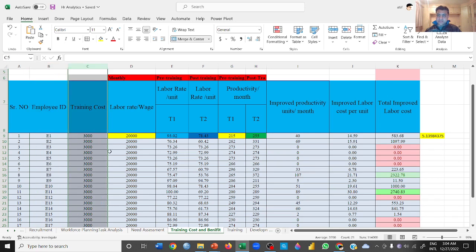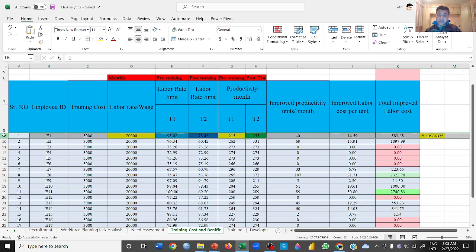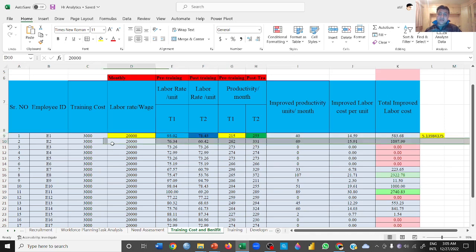This is important: the cost of the training is $3,000 or 3,000 rupees or whatever. So the HR is trying to spend 3,000 for this one person. Another data point to understand is that the person is taking $20,000 or 20,000 rupees as a salary, on a monthly basis.